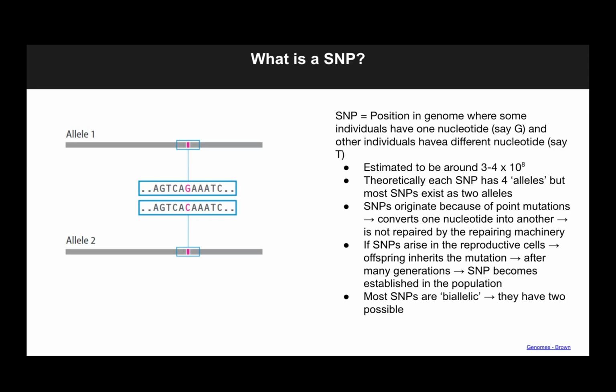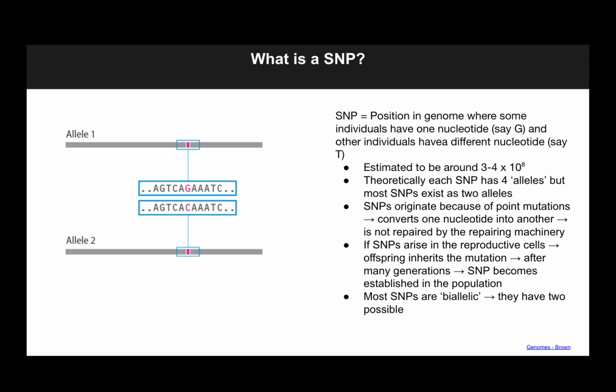How do they originate? Think of the earliest humans. They must have had one particular copy of the DNA that everybody started to reproduce with, and as we age, two things happen. First, the DNA will undergo mutation because the repair machinery is not able to keep up with everything.